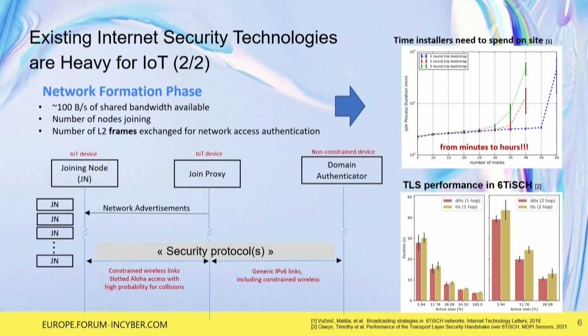At this stage, we have very limited bandwidth, even less than is usually available in the network, and this bandwidth is shared by all the devices currently attempting to join. The time for the network to form, depending on the number of packets or round trips in the protocol used for authenticated key exchange for network access authentication, can be from minutes to hours.